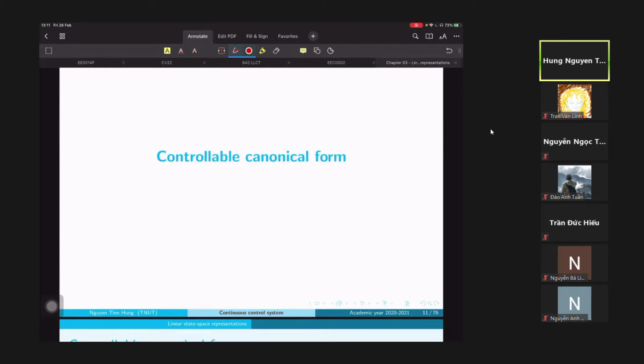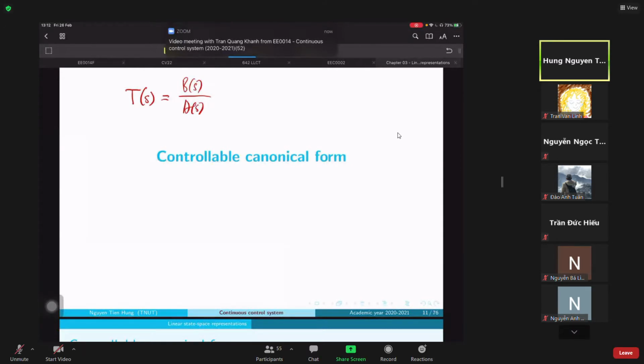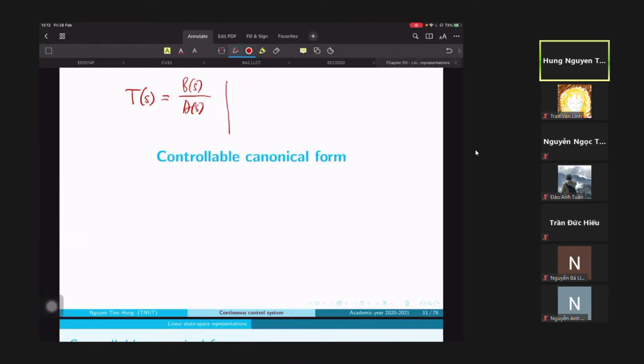You will remember that if you have a function T(s) equal to B(s) over A(s) like this, you can find that there are many ways to represent this in state space form.